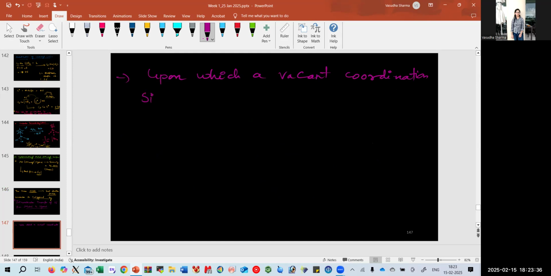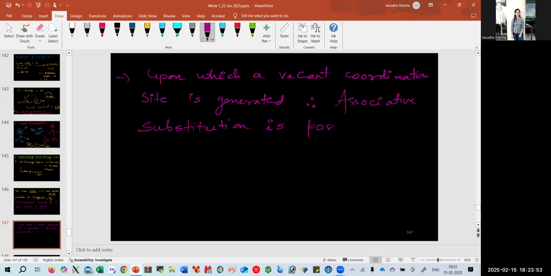So that creates a vacancy around the coordination sphere that is being generated, and therefore it undergoes associative substitution reaction, because you have created the space without making any particular ligand to leave from that particular coordination sphere, right?